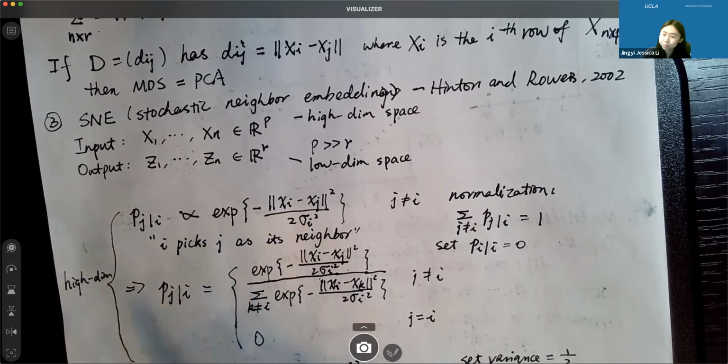So that's why when you preserve p_j given i and p_i given j, you are only focusing on those close pairs, the neighbors, and the faraway things do not affect your embedding. Yeah, so that's why in the t-SNE projection, you can easily see those very well-defined cell clusters.